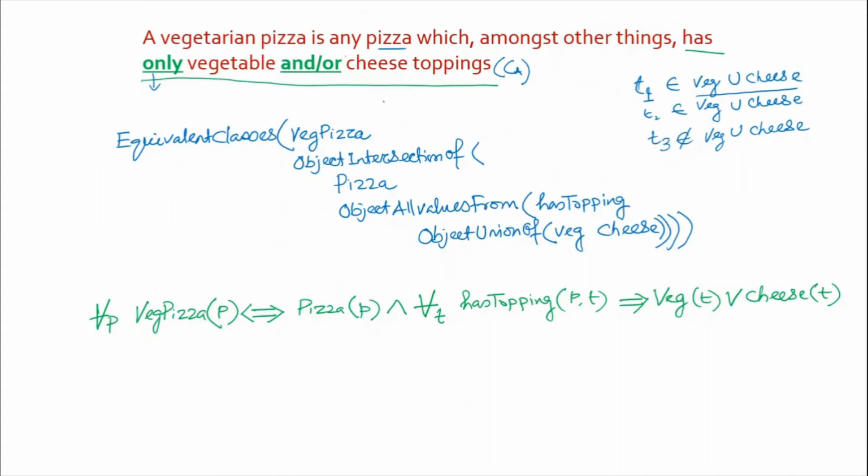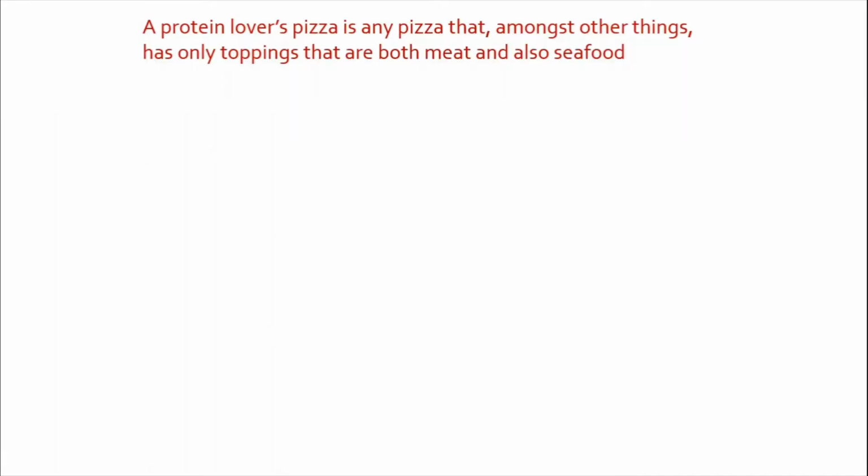Now let us try to do something like that. So our revised specification is about the elements that are participating in this hasTopping relation. We are basically concerned about "has only toppings that are both meat and seafood", right?